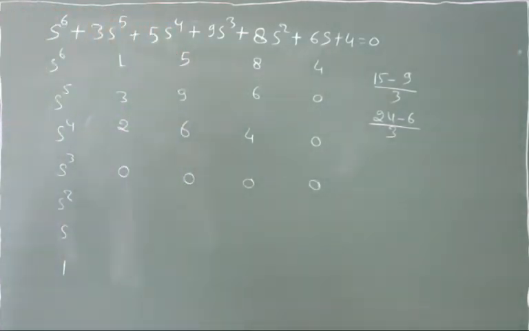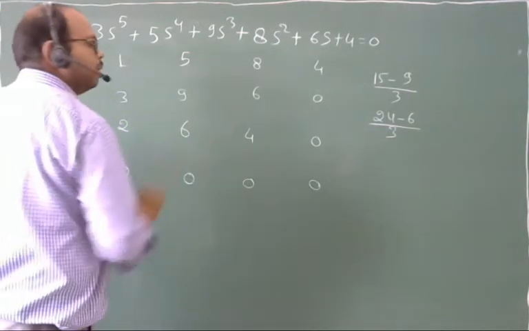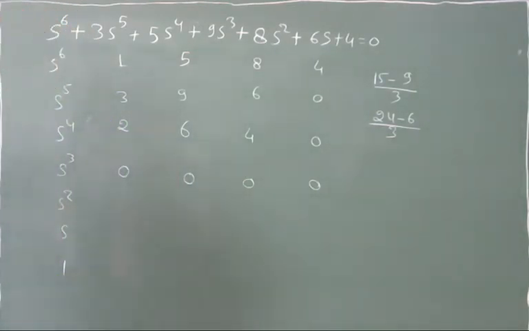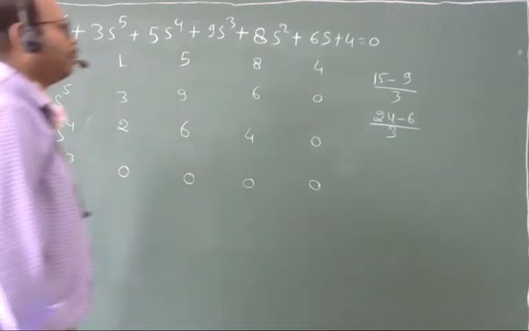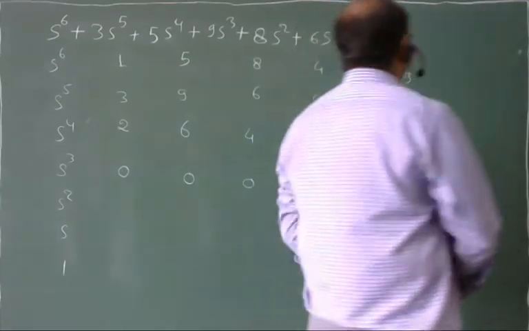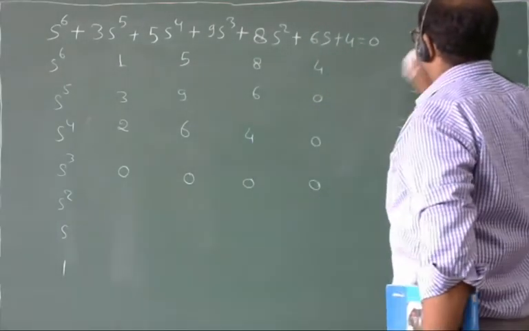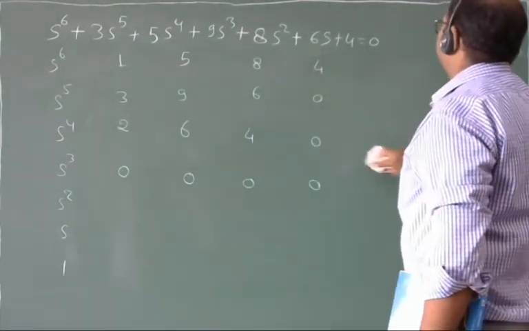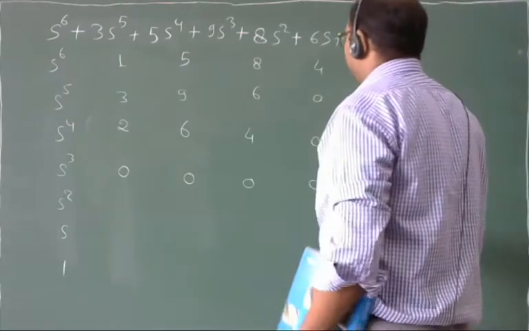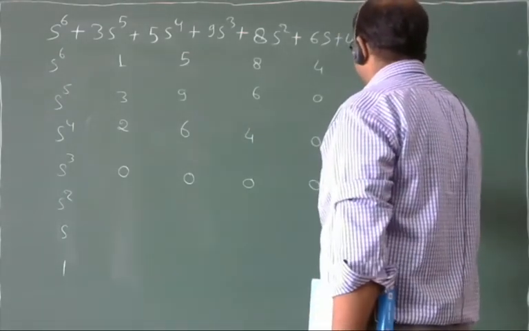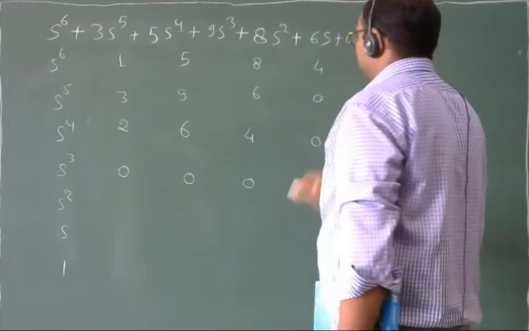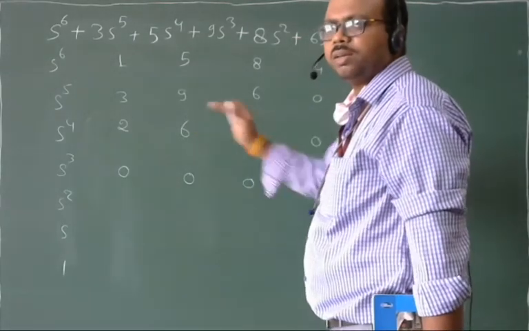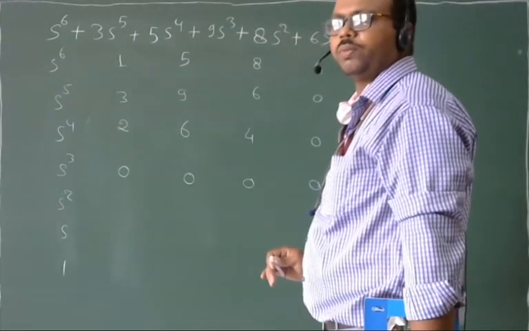So this is the case when all the elements of a row are 0. Then how to solve this type of question? We'll assume an auxiliary equation from the row just prior to the row of 0.